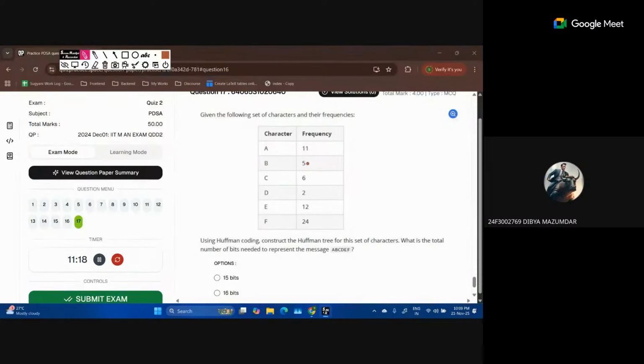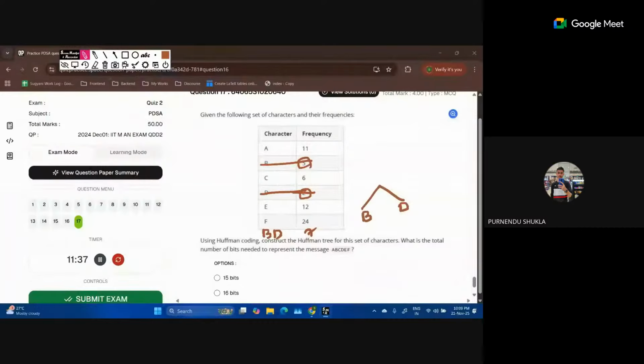अरे 18 बिट्स आ जाएगा, आप ड्रॉ कीजिए हाफमैन ट्री, आराम से होगा। 2 and 5, so you merge B and D. You get BD, so you have 7. BD is equal to 7, and you cut these lines from here.